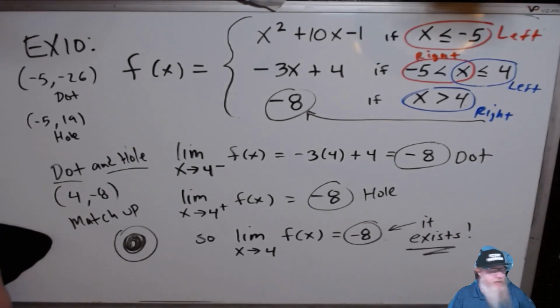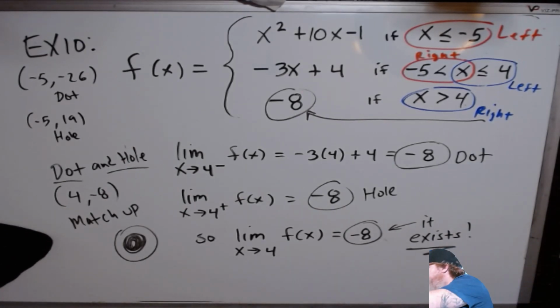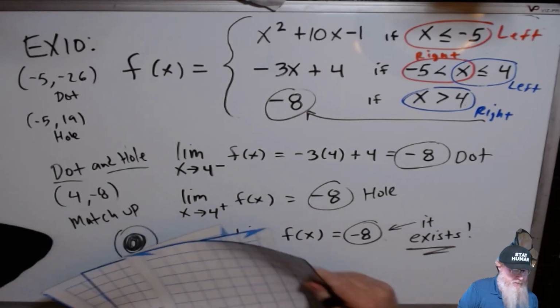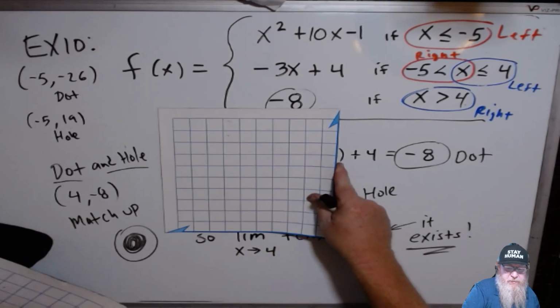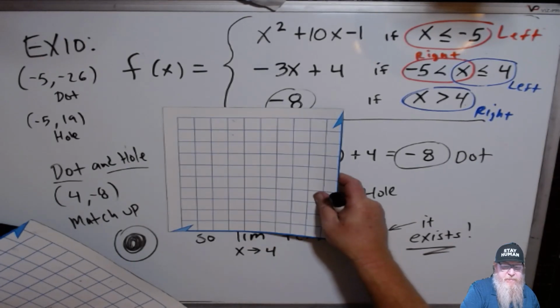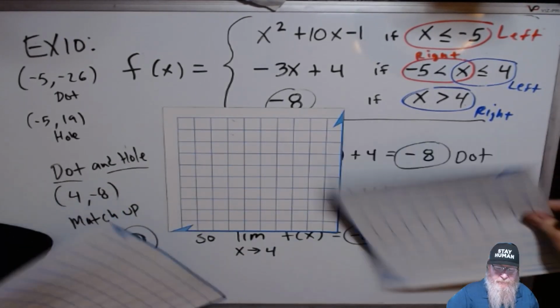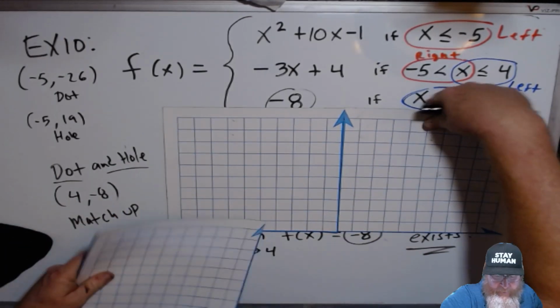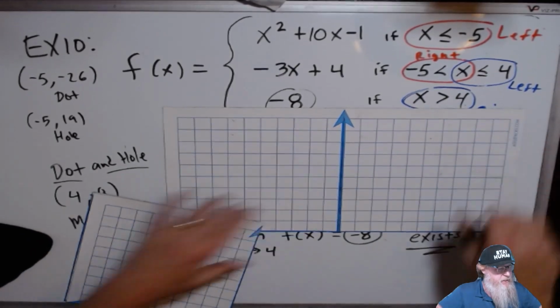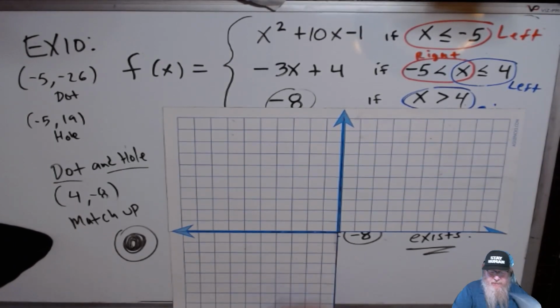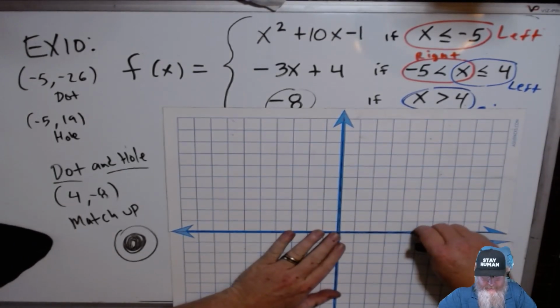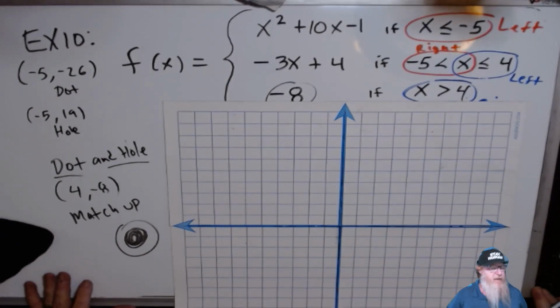All right, well, there's nothing left to do except draw a nice graph of this. I've got some pretty big numbers, so I'm going to have to stretch the values out. So my y scale is going to be exaggerated.